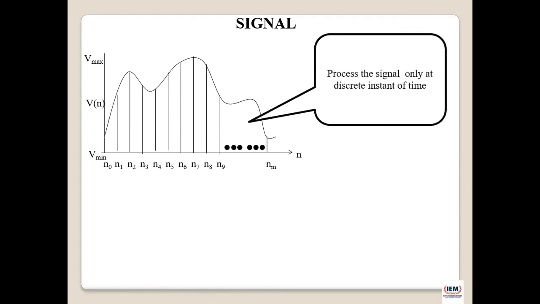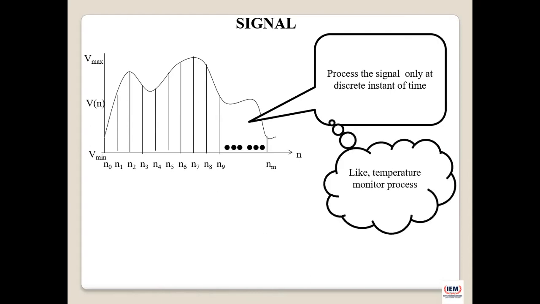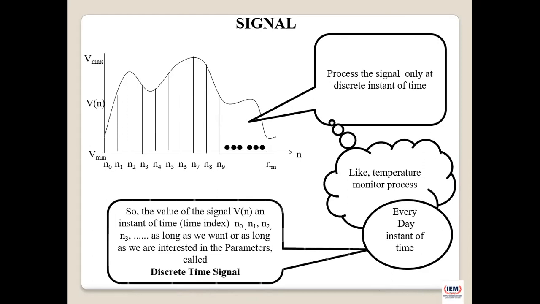Here the signal exists only at discrete times. Like in a temperature monitoring process, we can monitor the temperature every minute, or every hour, or every day. So the value of the signal V[n] at an instant of time is indexed by the time index.